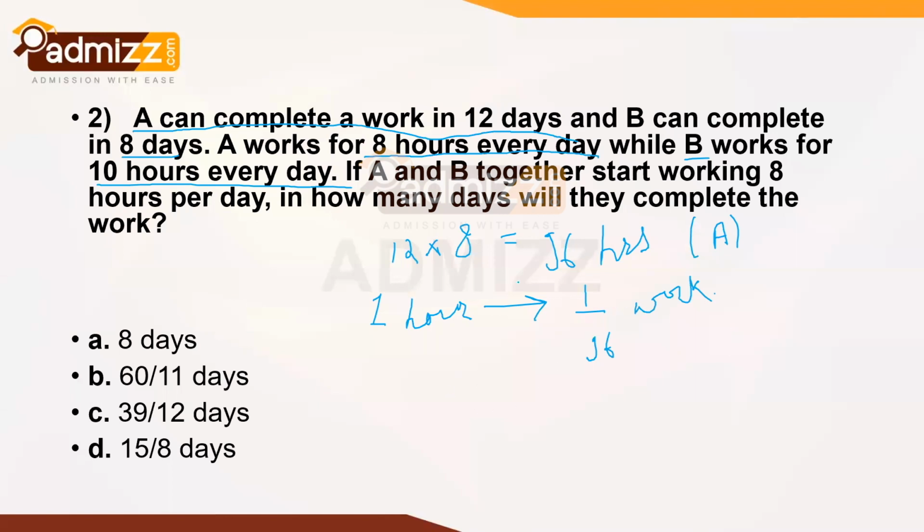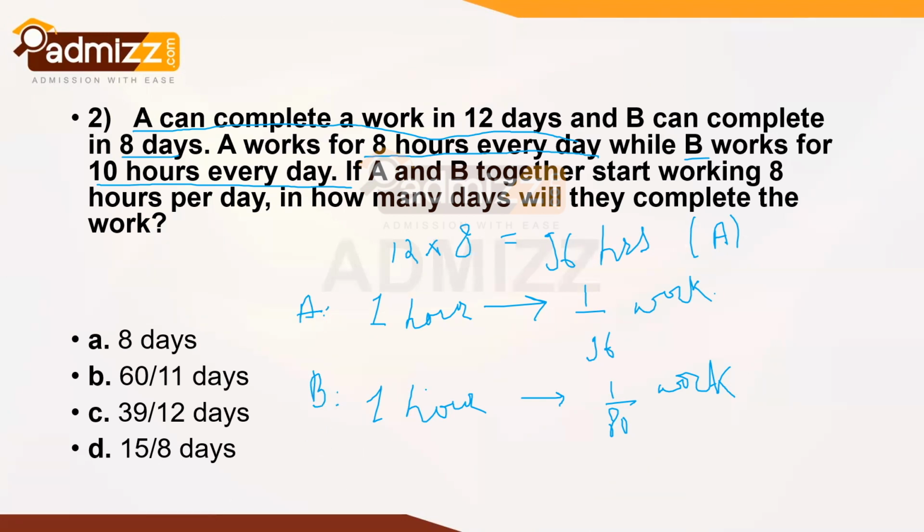Now, doing the same thing for B, in 1 hour, B completes 1 by 80 amount of work, right? Because B works for 10 hours, this is for A, this is for B, right?